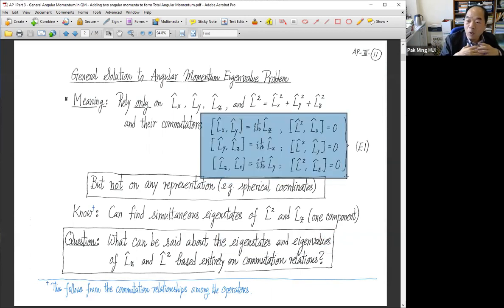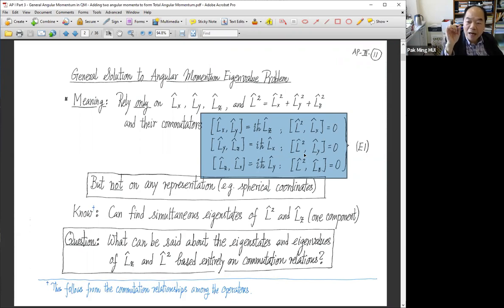Why? We want our results to be applicable to orbital, to spin, to the total, to something that will appear later, nuclear spin, or something even not existing. The theorists call it isospin, something that looks like spin. So broadly speaking, we will take these 6 relations as the definition of an angular momentum in quantum mechanics.